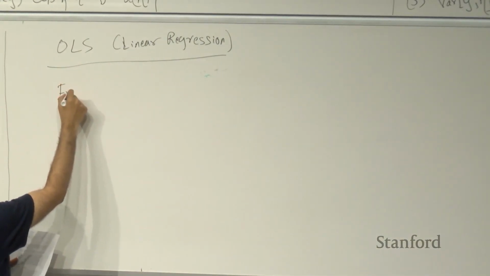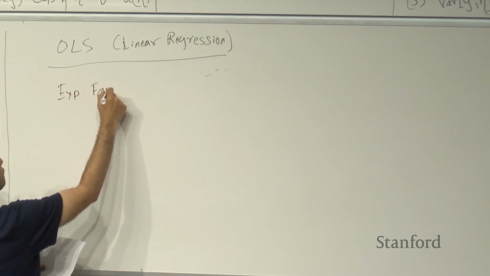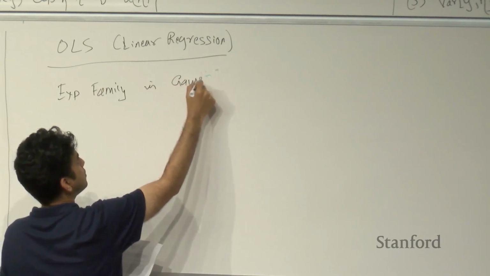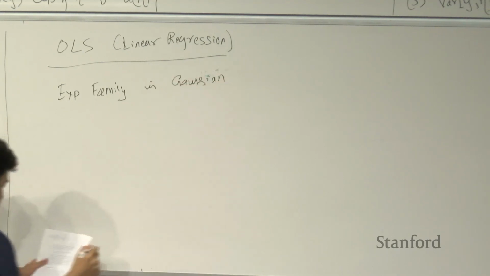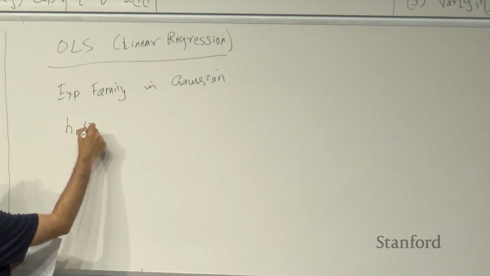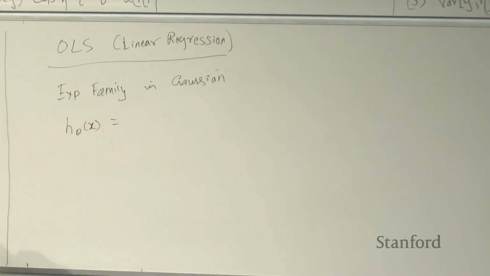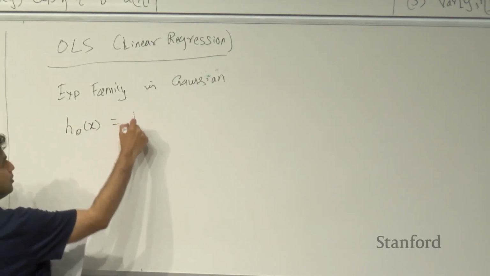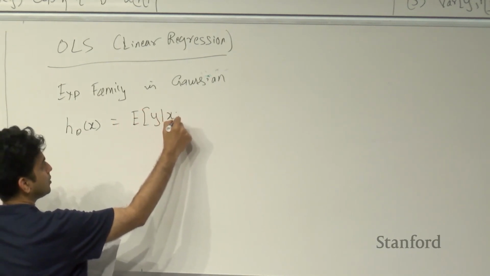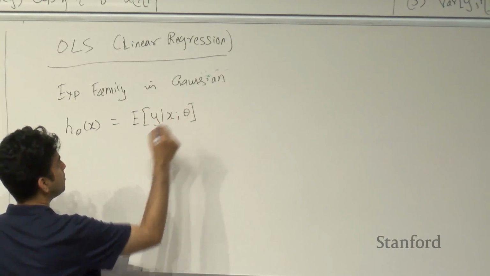Assuming the exponential family is Gaussian, we get h_theta(x). We want h_theta(x) to be the expectation of y given x, parameterized by theta.